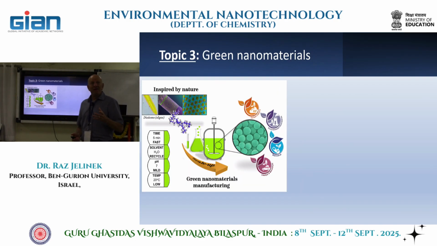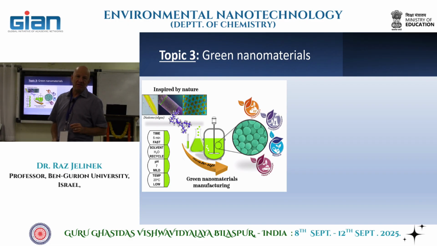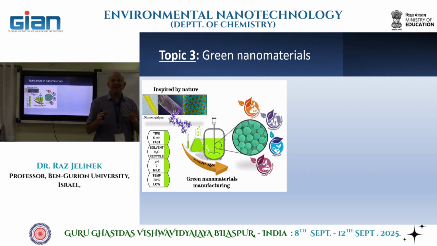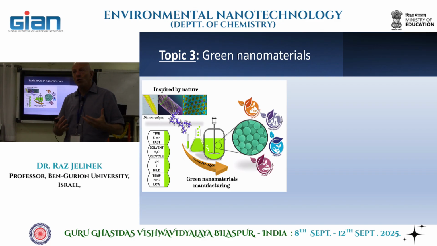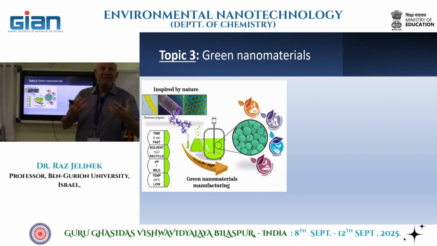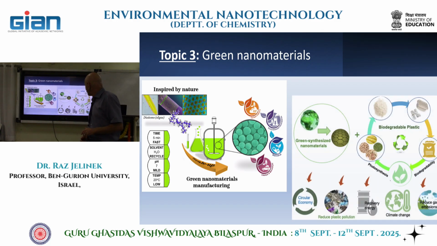The third topic will be green nanomaterials. As you're going to see, nanotechnology and nanomaterials in particular can really help agriculture in many, many aspects, both in controlling agricultural processes and biological processes, and also finding new solutions to agricultural problems, what's called the green revolution of nanotechnology.